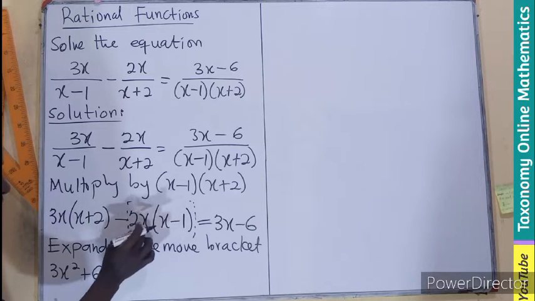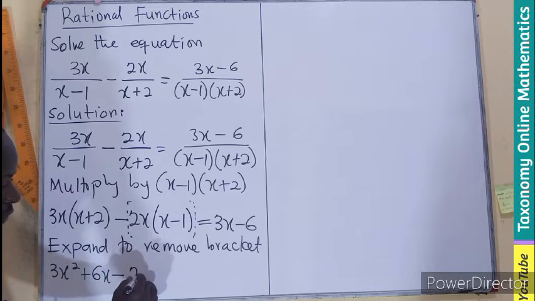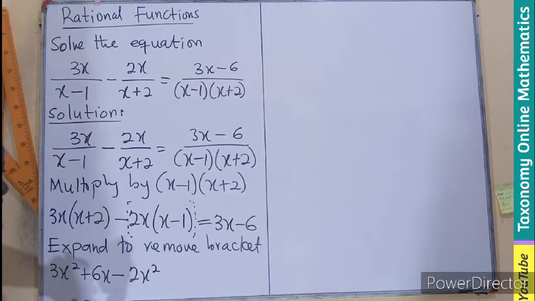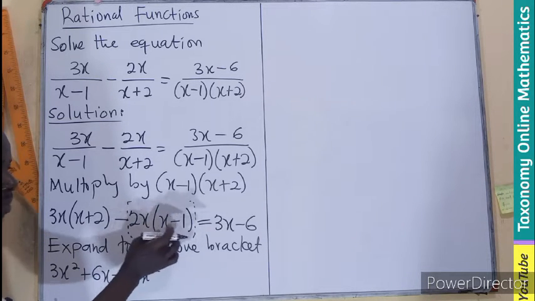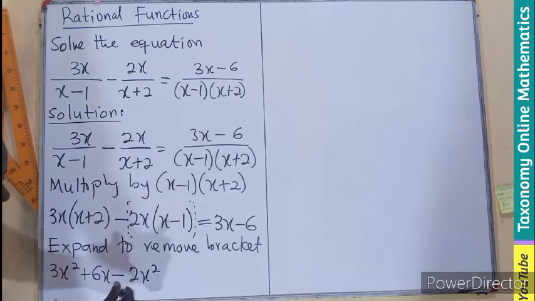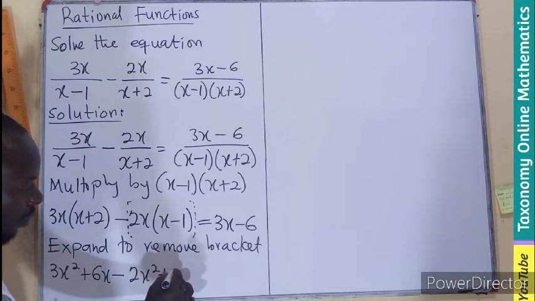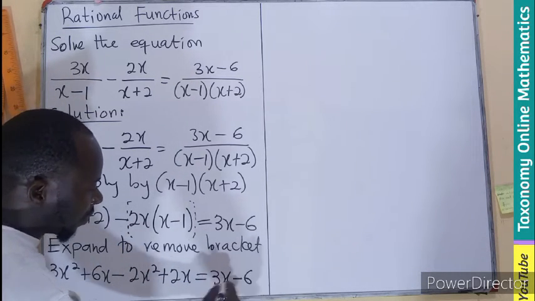In the case of this, it will be x times x squared, so I also have 2x squared. Then this is 2x times 1. It remains minus 2x. Before this negative affects it, it becomes positive 2x, equals 3x minus 6.